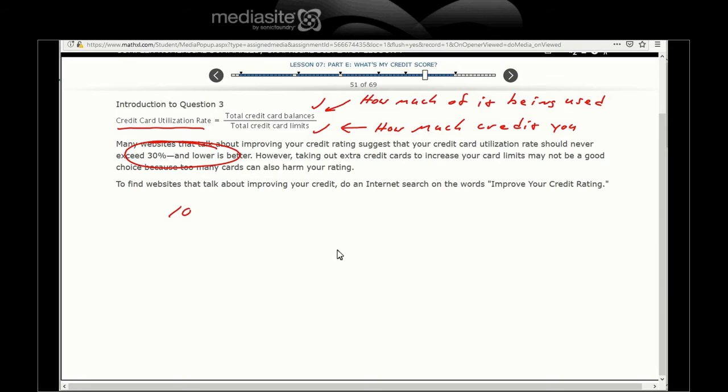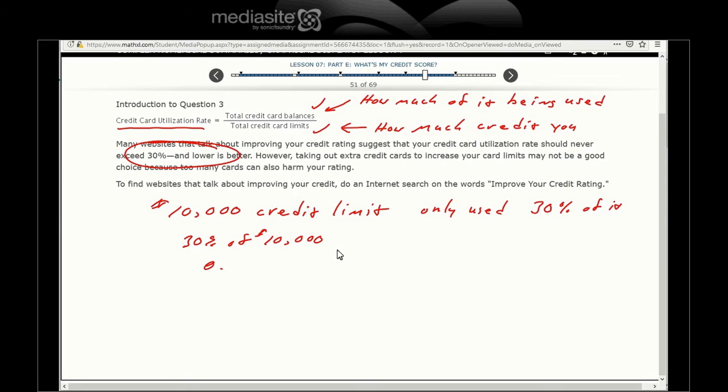So if you have a $10,000 credit limit, you should only use 30% of it. 30% of 10,000 is 0.3 times 10,000, multiplication. So you should try to keep your usage at $3,000 or less.